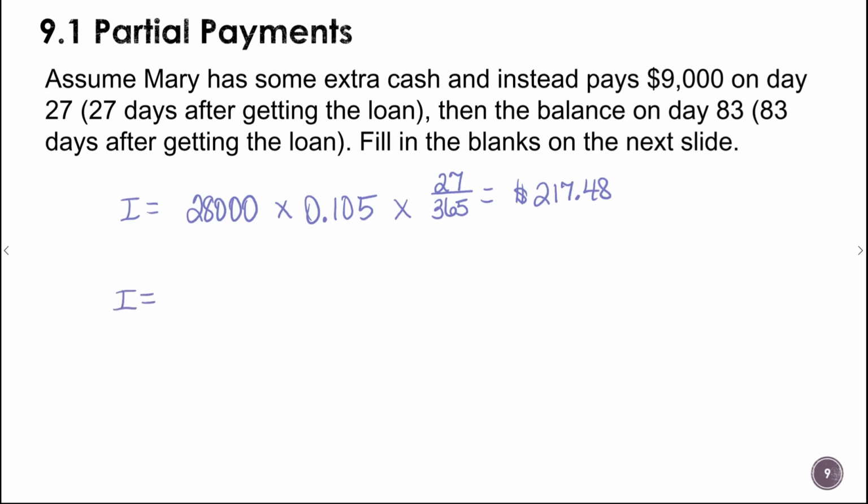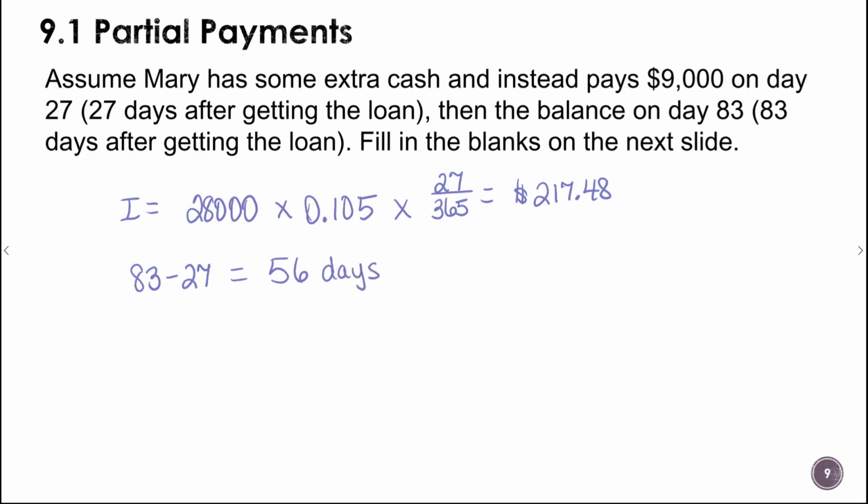For the second calculation, she paid a payment on day 83 days after getting the loan. But remember, she paid on day 27 also. So now we have to figure the interest just for the 83 days. So 83 minus 27 would be 56 days.